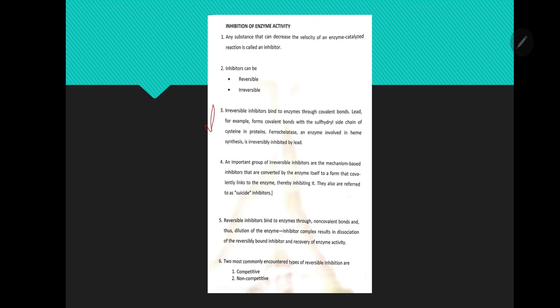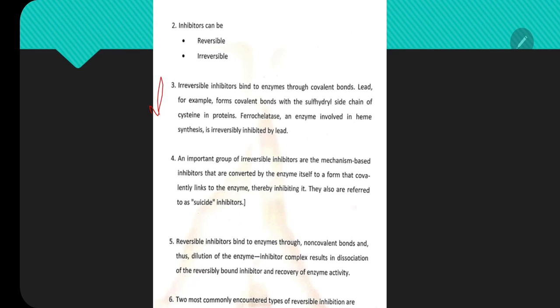This was regarding irreversible. Now coming to the reversible inhibitors. These bind to the enzyme through non-covalent bonds. In the case of irreversible, it was through covalent bonding.